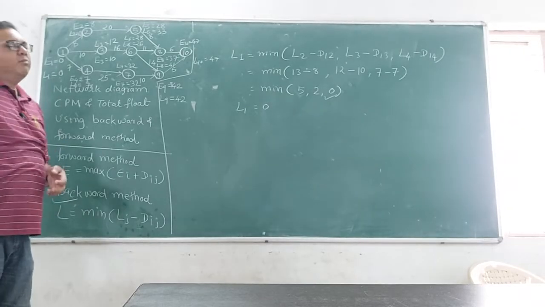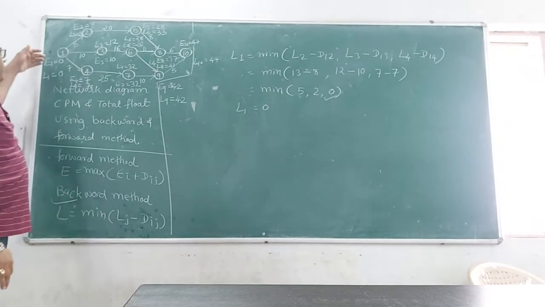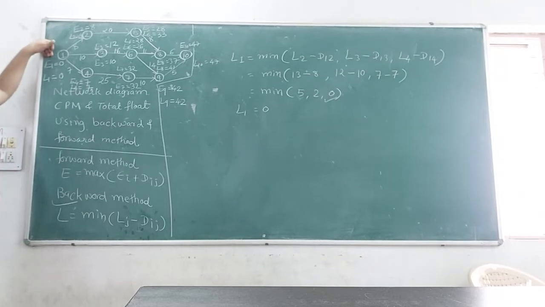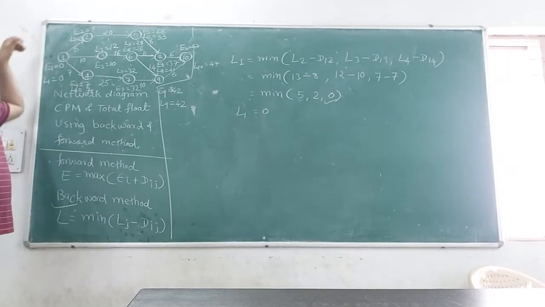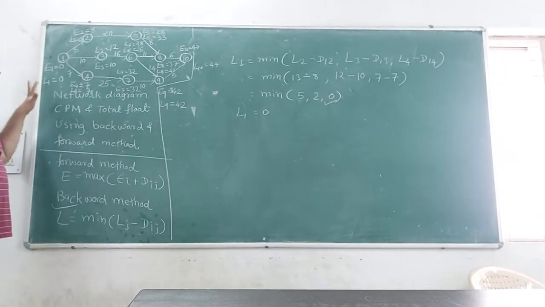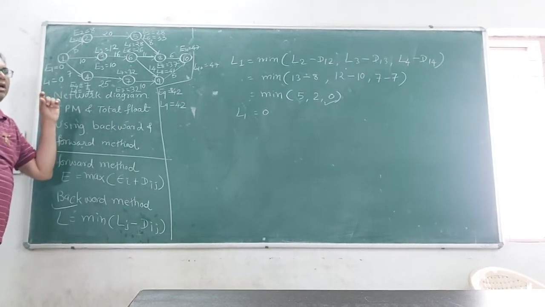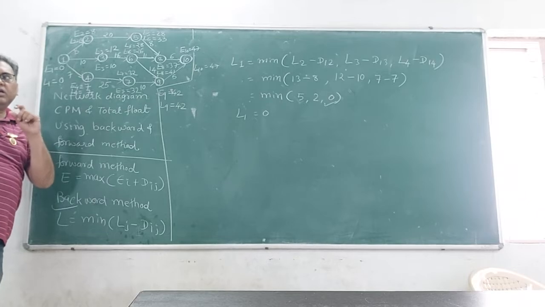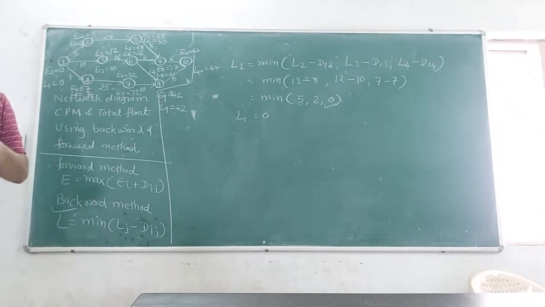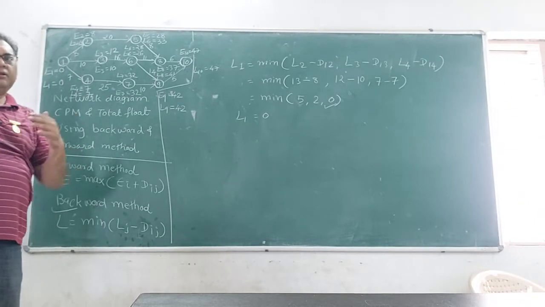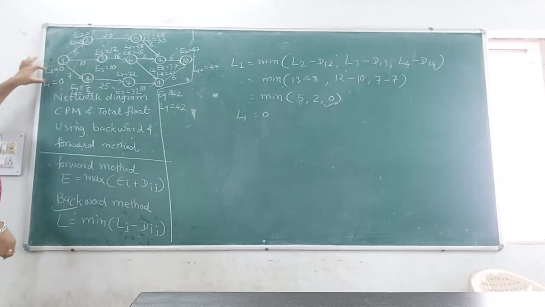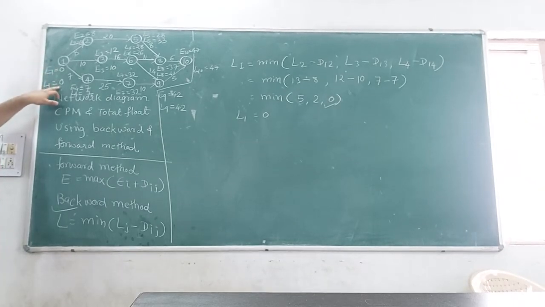So keep it in your mind that whenever we are starting, it is 0, and when we are ending it is also 0. Clear? Now you have to find the equal values of E and L. Like this: E1, L1 are 0, 0.